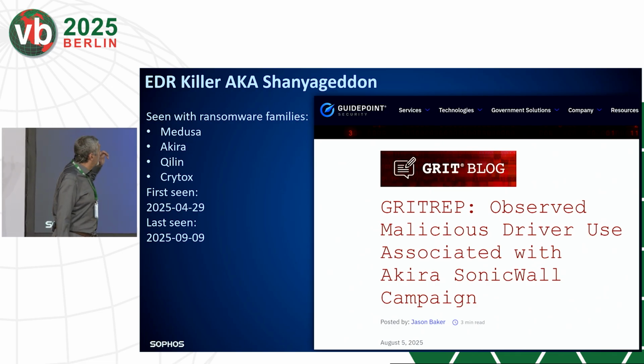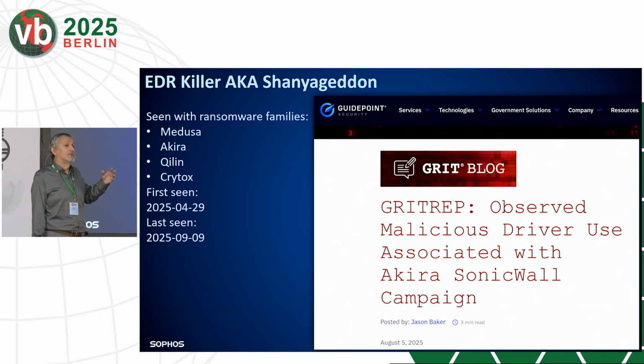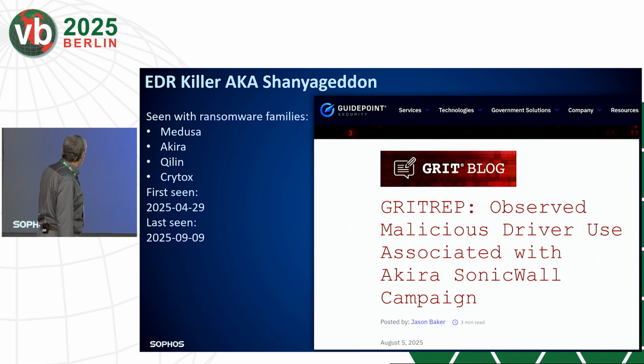The GuidePoint Security blog mentioned the two drivers being used, disabling the protection in ransomware incidents, but didn't mention the loader itself, the Shanyageddon EDR killer itself that dropped the drivers.